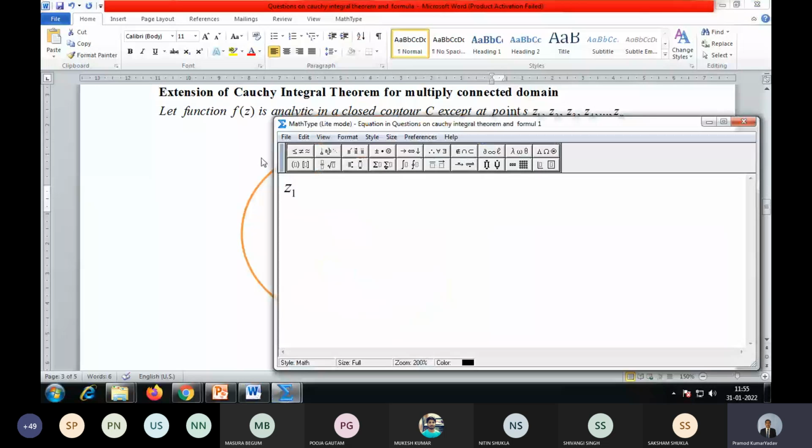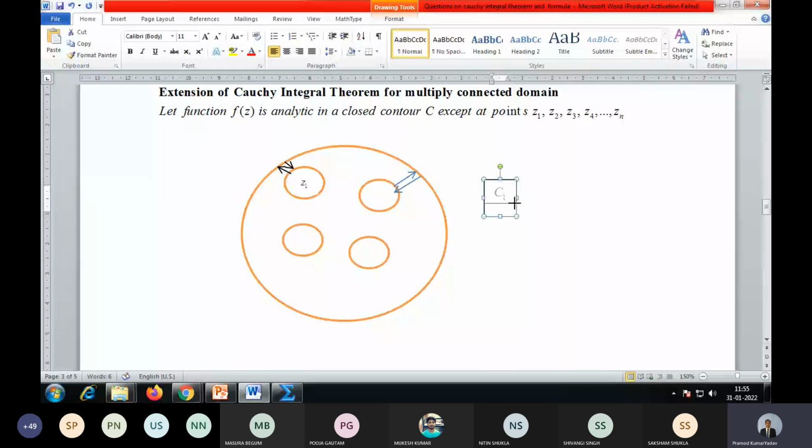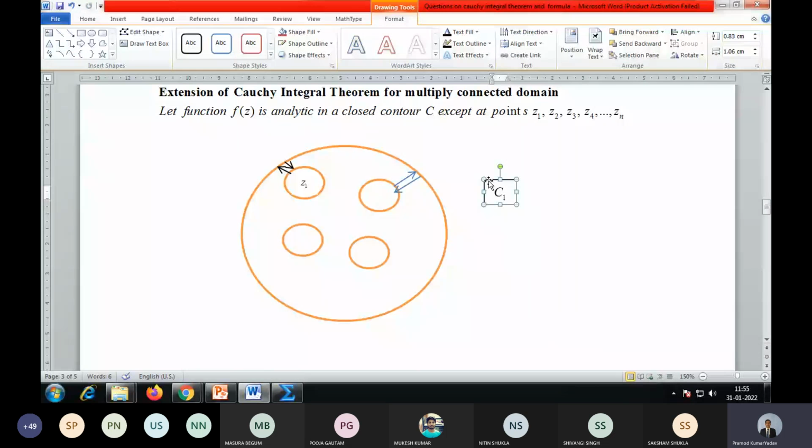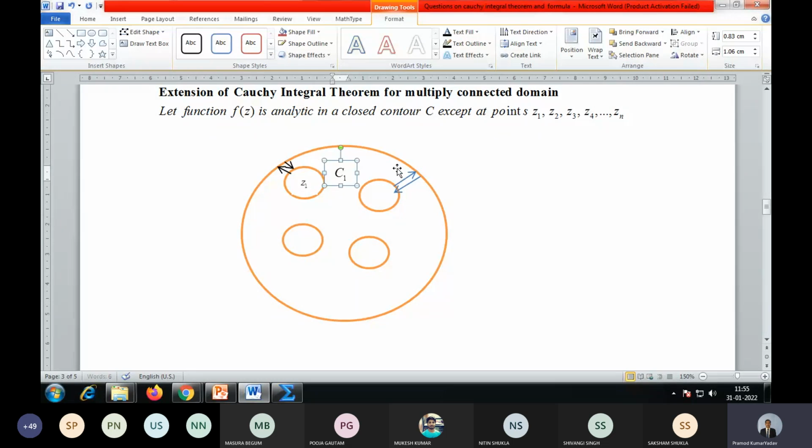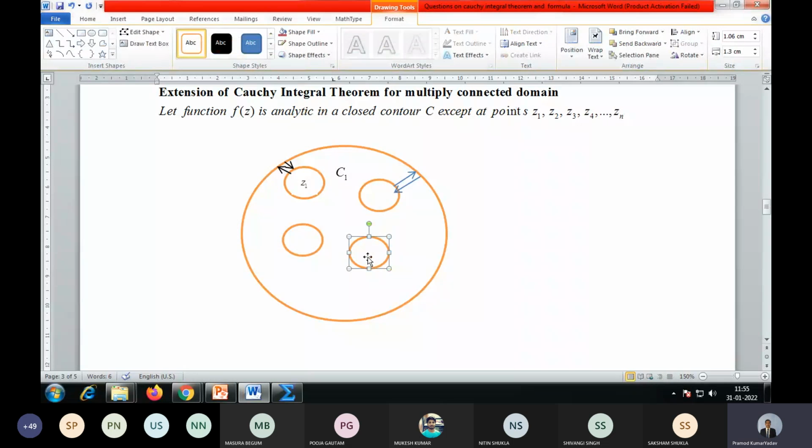I am making only one, and you can understand the whole. So this is C1. Similarly, if z2 is this, z3 is this, z4 is this, we may construct circles C2, C3, C4, and so on.